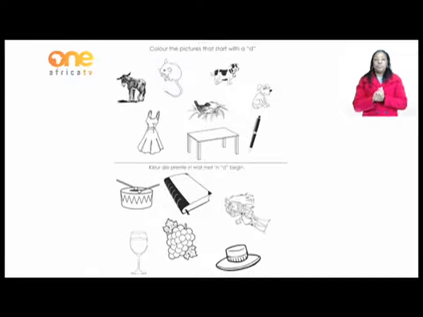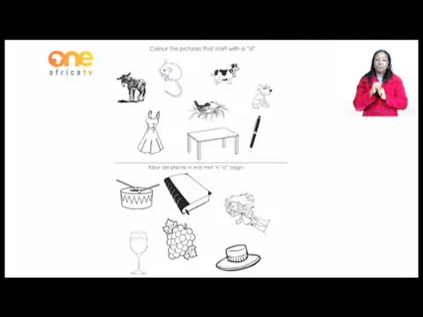I can see a donkey, a mouse, a cow, a dog, a bird, a dress, a table, and a pen. Now look for the pictures that have names that begin with letter D.